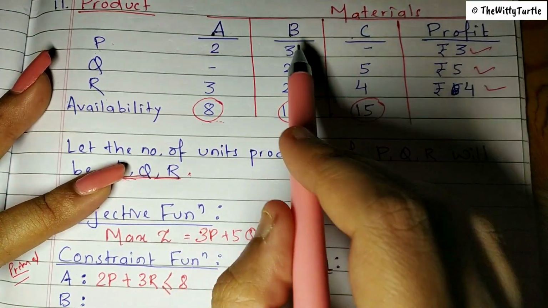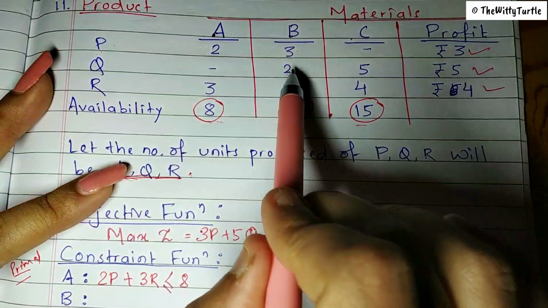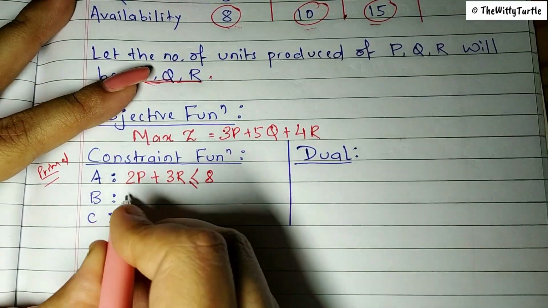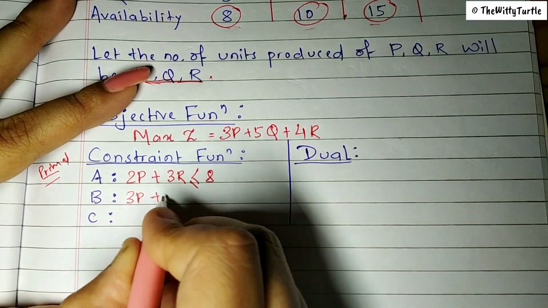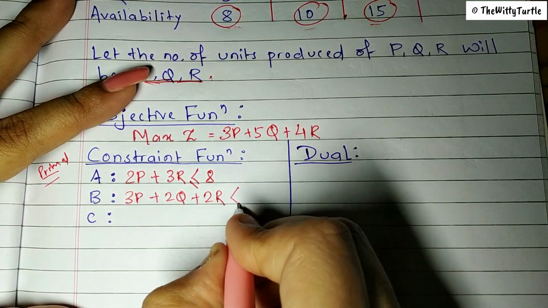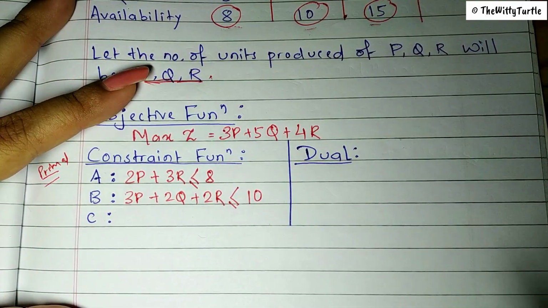Similarly, in case of material B, we need 3 units for P, and we need 2 units each for Q and R. So this is going to be 3P plus 2Q plus 2R. It should be less than or equal to 10 because we have only 10 units available with us.